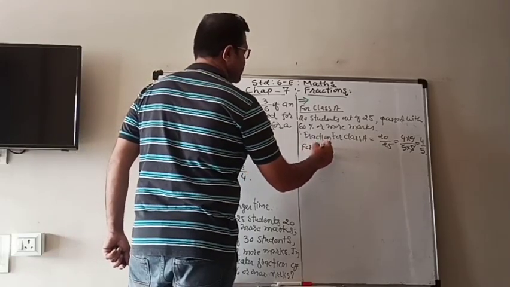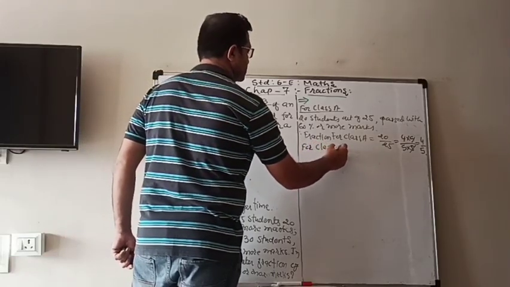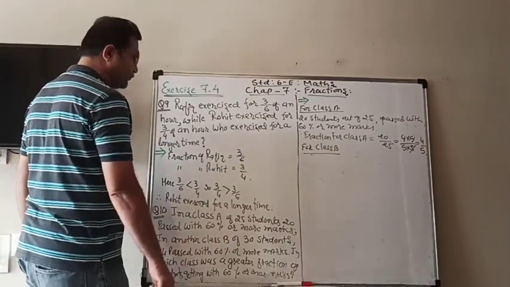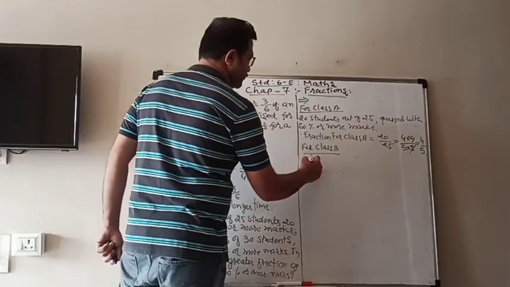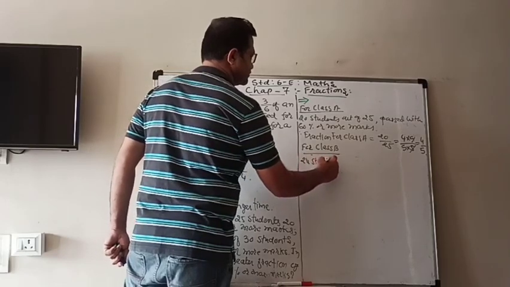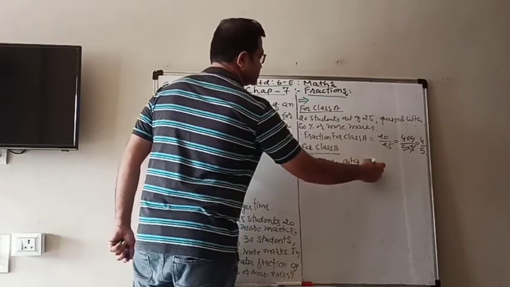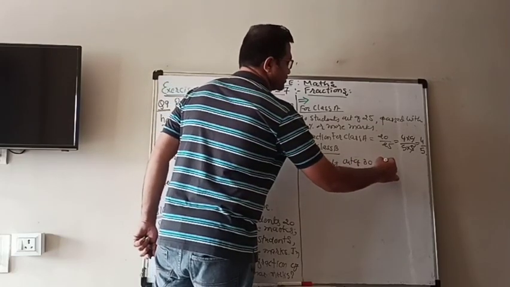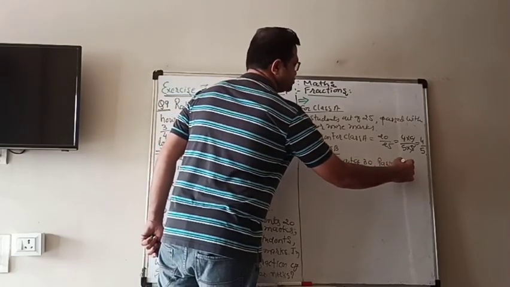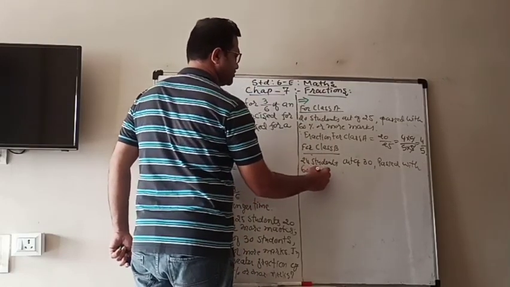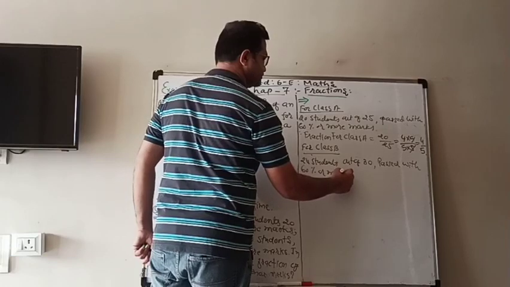Then for class B, in class B we see that there are 30 students and 24. So 24 students out of 30 passed with 60% or more marks.